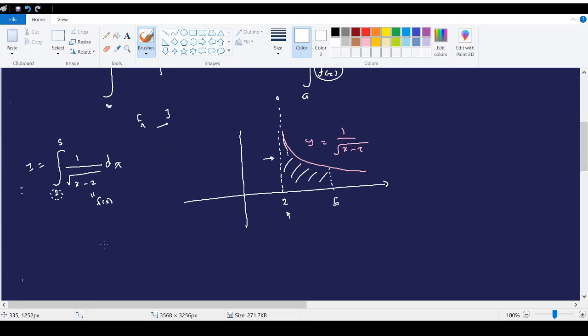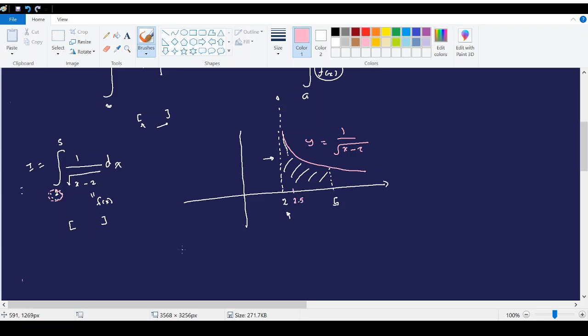It's almost similar to the previous one, but now here instead of an infinite range of the interval we have a vertical asymptote for the function. So what we can do is, instead of this 2 as the lower limit, what if we have a number which is a little bit greater than 2?